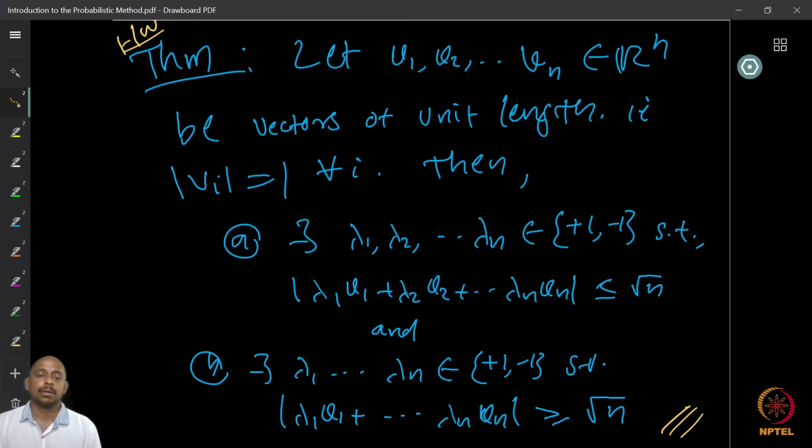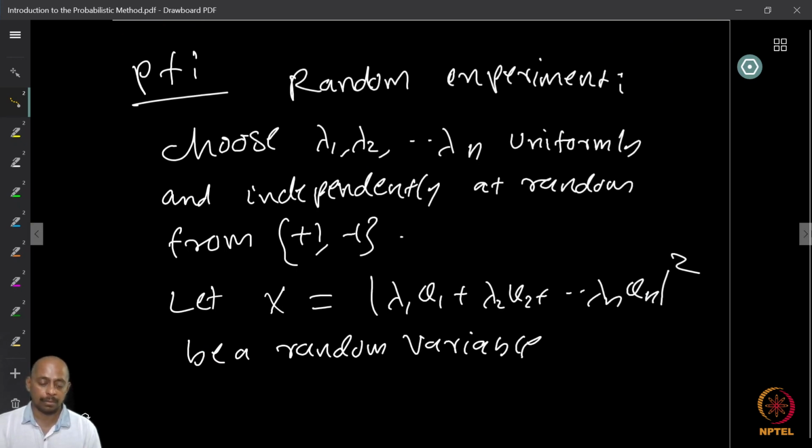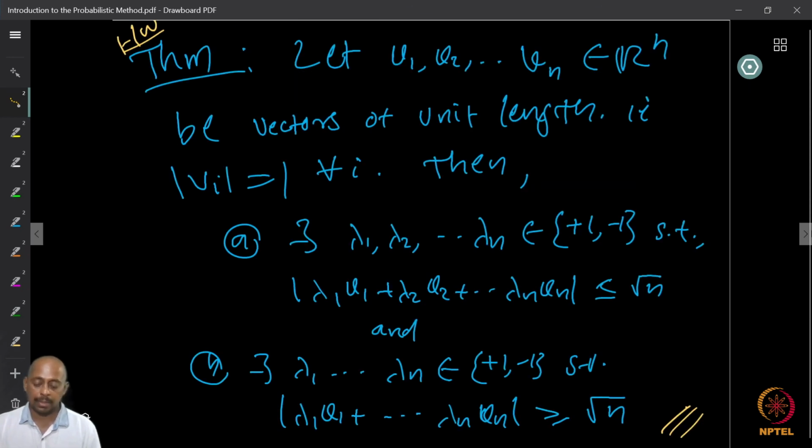So this is a nice exercise for you. Okay, so with that, we stop this introduction to the probabilistic method, and with this we also wind up the course on combinatorics.